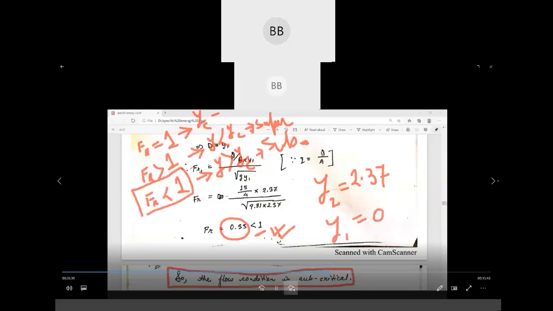You try to find out for the next depth also.